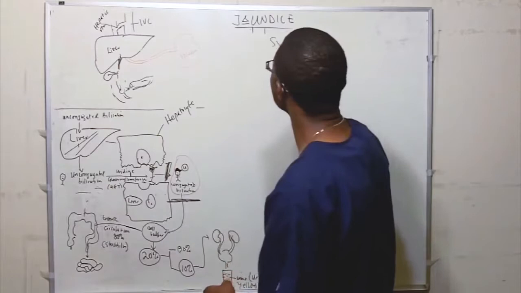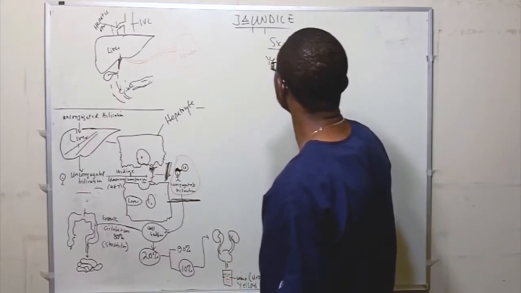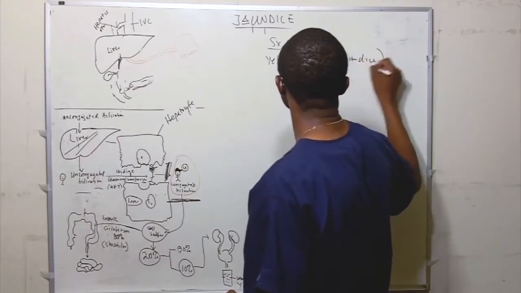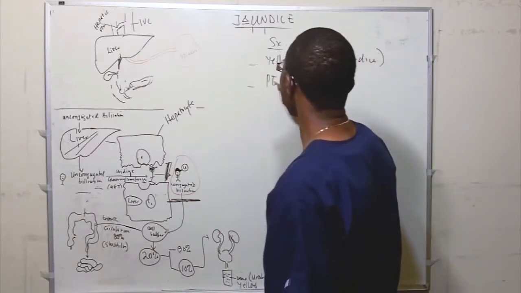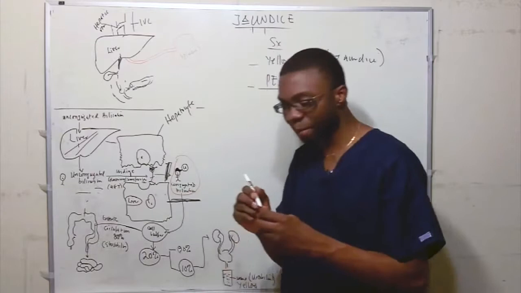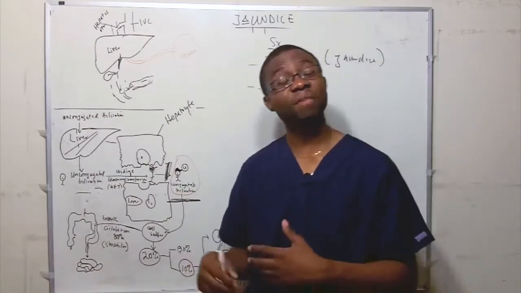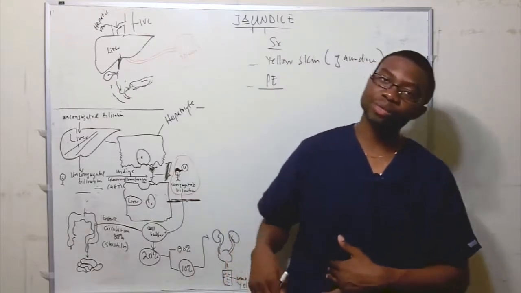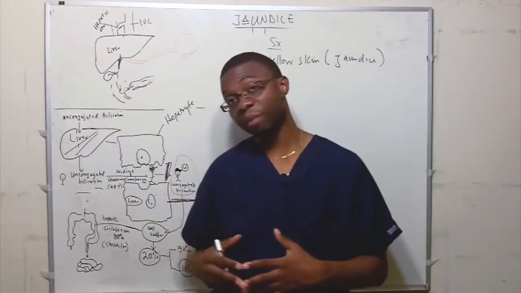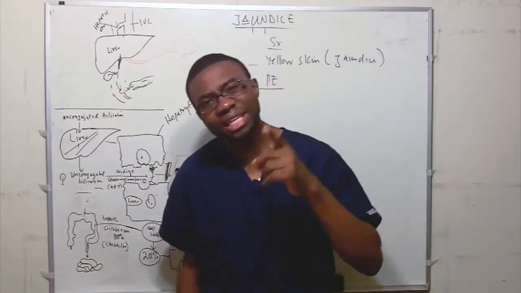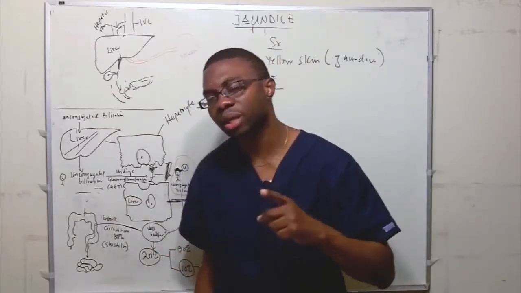So we already know what the symptoms are. It's yellow skin, right? That's what jaundice is all about. On physical exam, your exam can point or may not. Because if they have a gallstone and you press on the right upper quadrant, you might be telling they have a possible cholelithiasis. Okay? But the key thing is the urine.